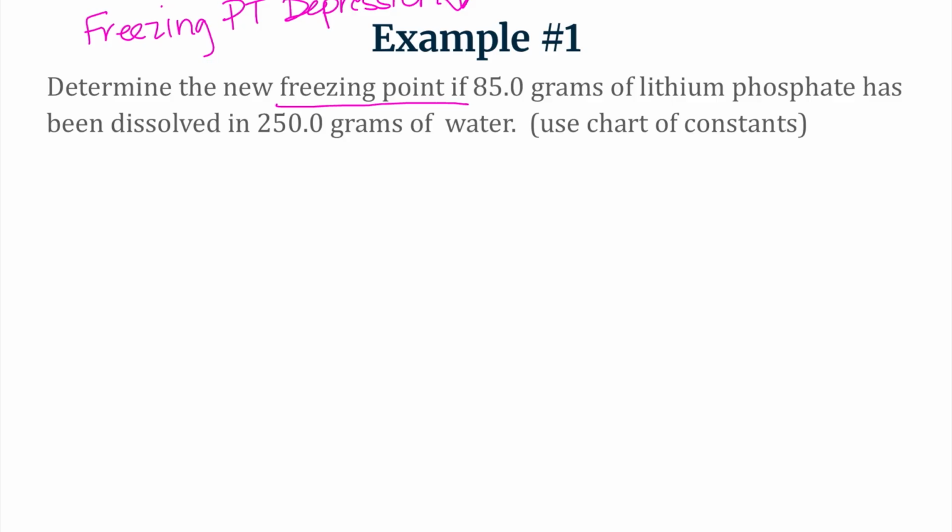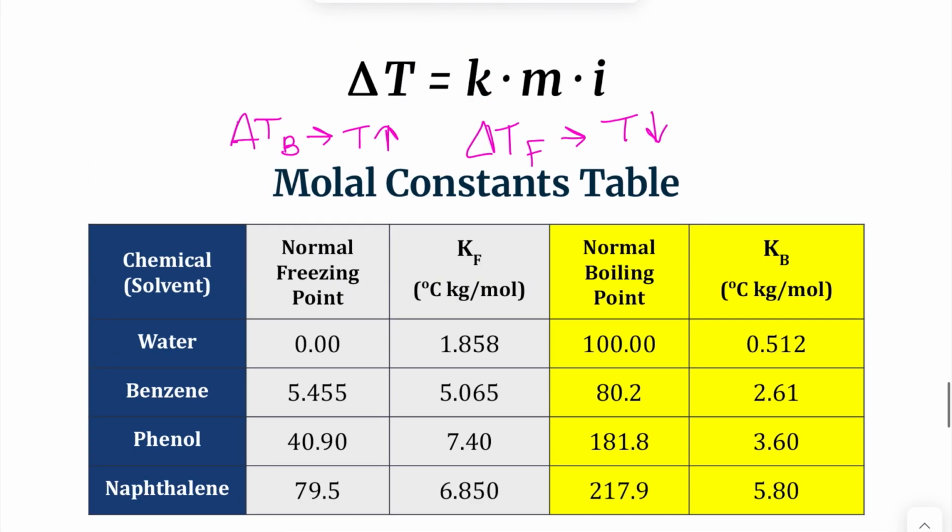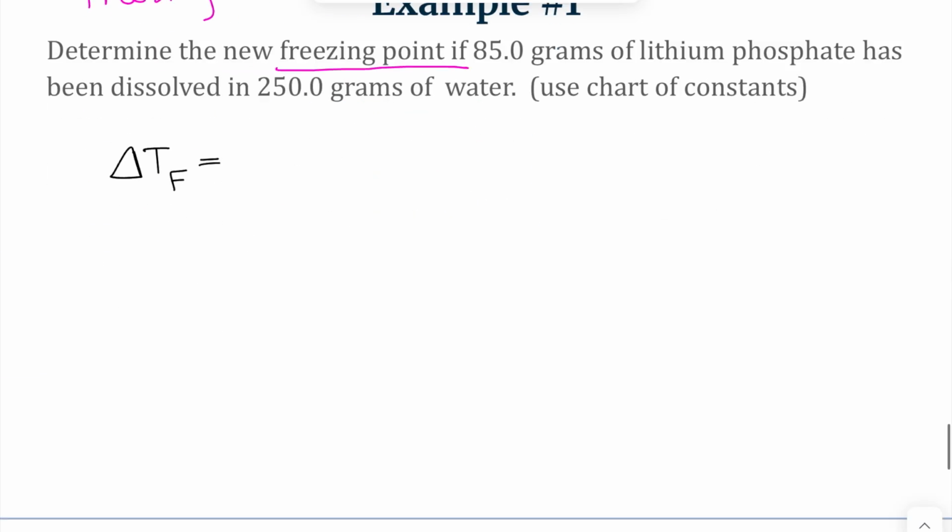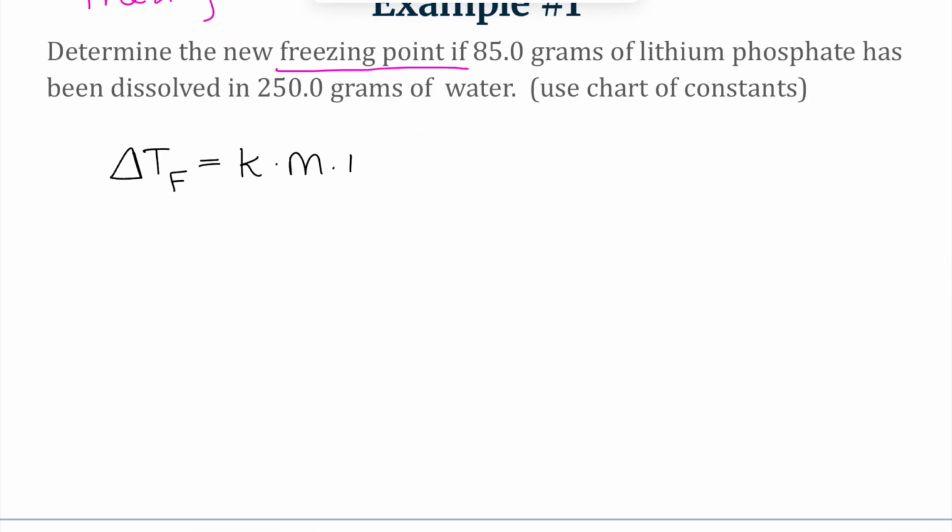We can go to our formula, because we're going to find, well, what is the new freezing point? Let's find what is the change in temperature for that freezing point. And that delta T is going to be K times M times I. And because this is a freezing point problem, it is going to be KF.